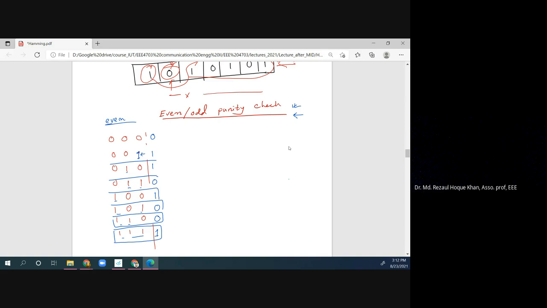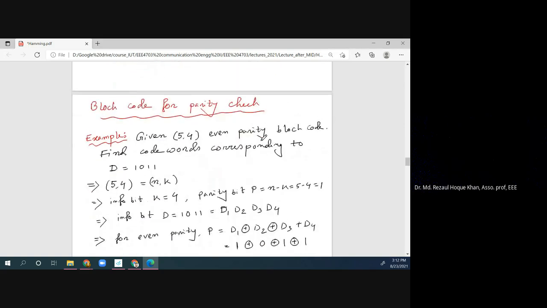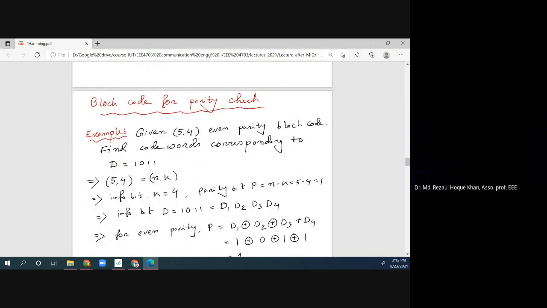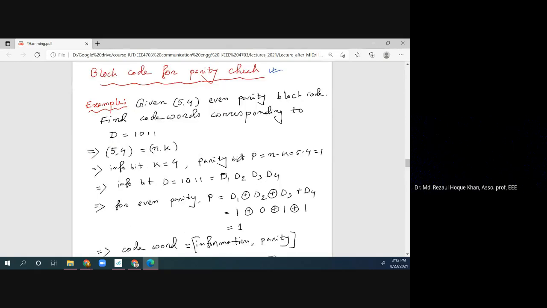Okay, so in a previous class there was an example. Next we'll see what this even and odd parity can do. So, continuation of block code for parity check.